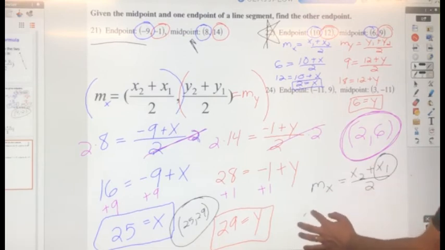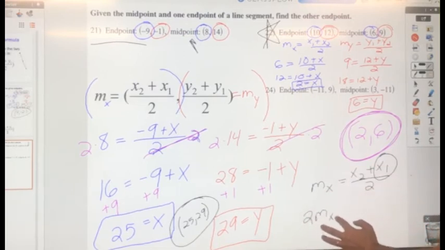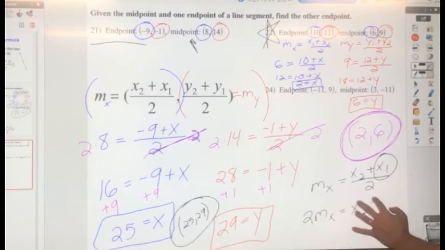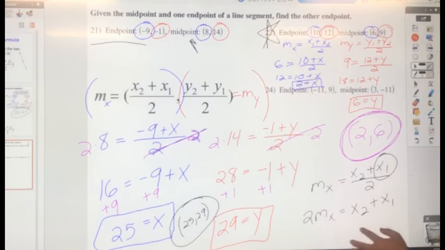Multiply by 2, so that's going to be 2 m of x equals x2 plus x1. Then subtract one of these x's. So to find the x value of the unknown endpoint, I need to multiply my midpoint x value times 2, and then subtract the known endpoint.